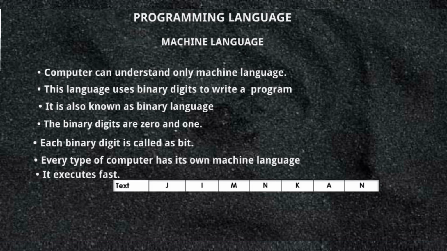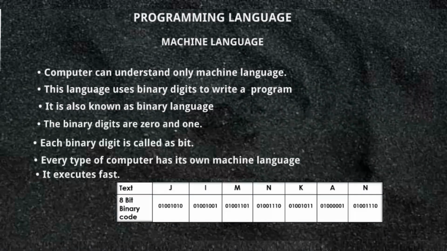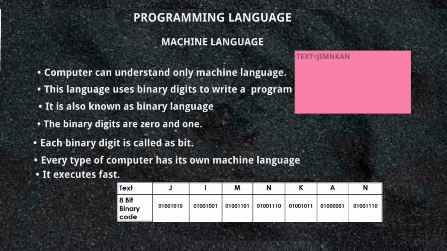Example: we are writing the name JIMNKAN in our language. This is the binary code for JIMNKAN. Here we are using 8-bit binary code. So each letter is replaced with 8 bits. That is, a 7-letter word in human language is replaced with 56 bits in machine language. Suppose we are using 16-bit binary language.